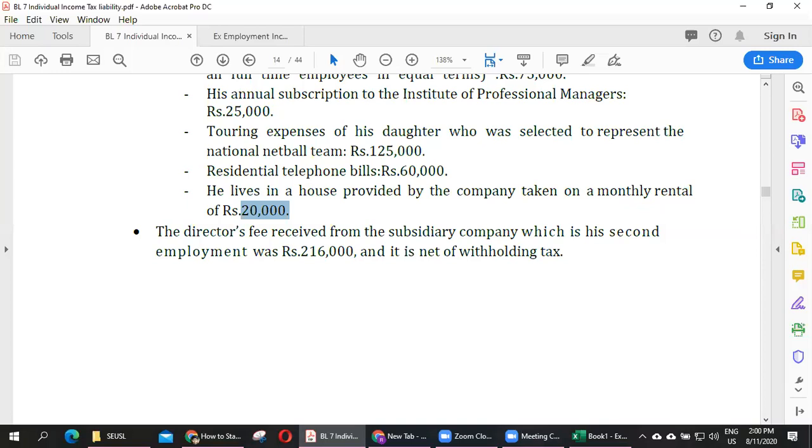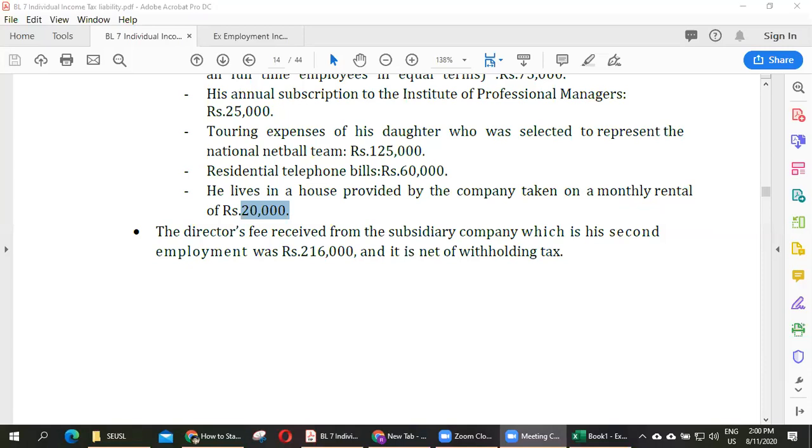Simply, we can understand from this question that the company doesn't have its own quarters. The company takes a house from a third party outside, and they pay rent of 20,000 on behalf of the employee. So this is the market value of that benefit.